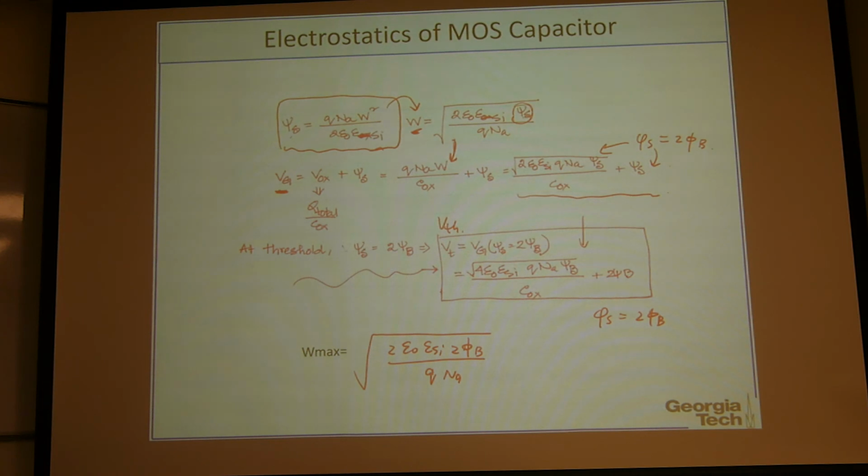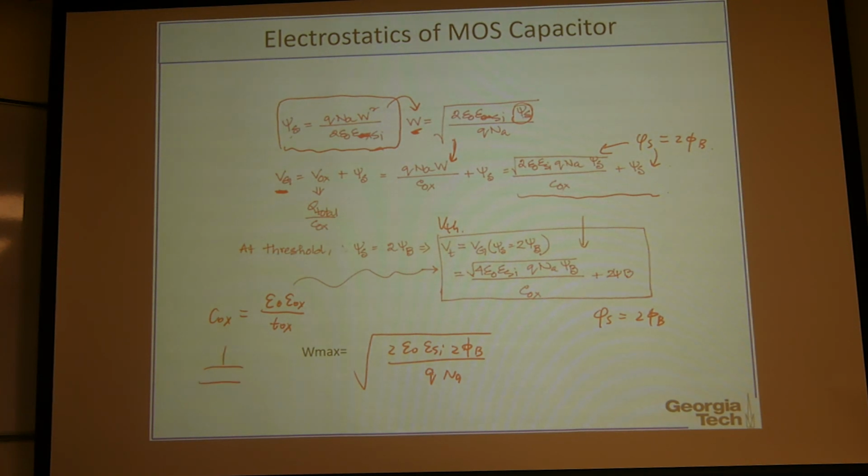Question? What is the bottom variable on the threshold voltage? Bottom variable, you mean COX? Yeah, is that C oxide? C oxide is the capacitance per unit area. COX is epsilon 0 epsilon oxide divided by the thickness of the oxide.